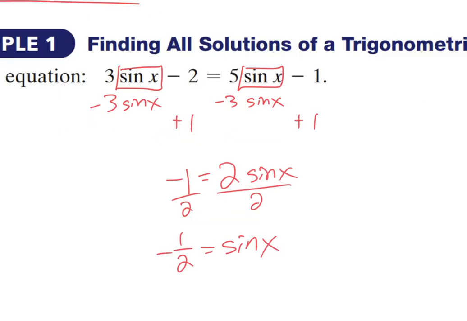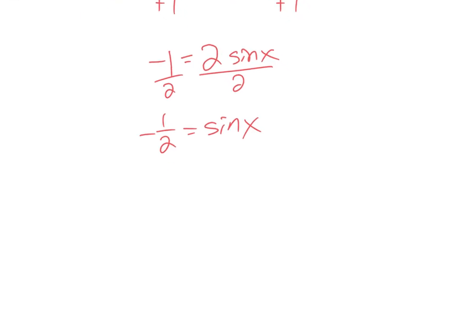All right, so now I'm going to look at the unit circle. I'm going to find everywhere that the sine, or the y coordinate, is negative 1/2 in the unit circle, and that occurs at 7 pi/6. Again, the question here is the sine of what angle equals negative 1/2?